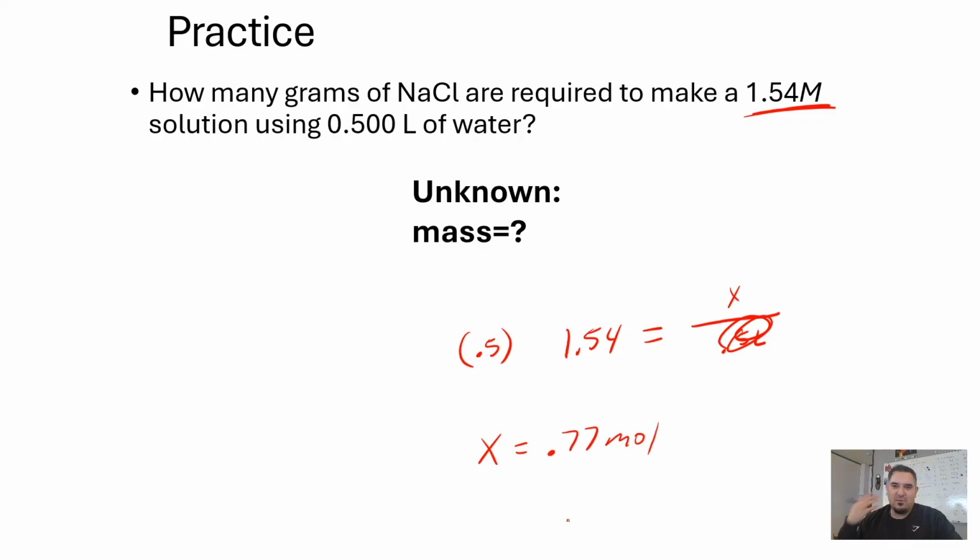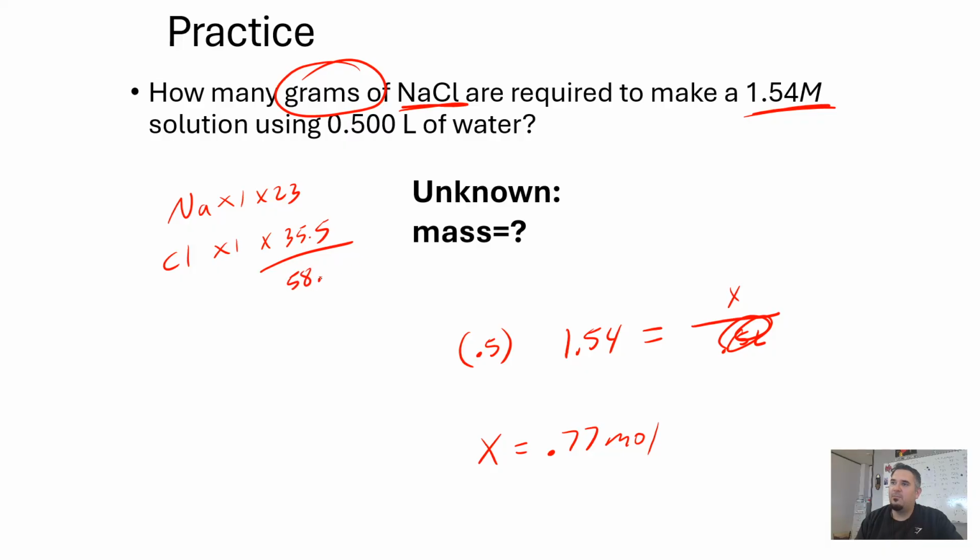If they were asking for moles, we'd be done, but they're asking us for grams, which means we need to convert to grams. To do that, we need the molar mass of sodium chloride. Sodium has a molar mass of 23, so 1 times 23, and then chlorine 1 times 35.5, and we just add these together. This gives us 58.5 grams per mole.